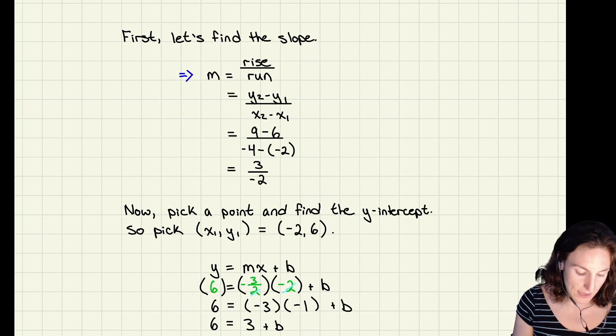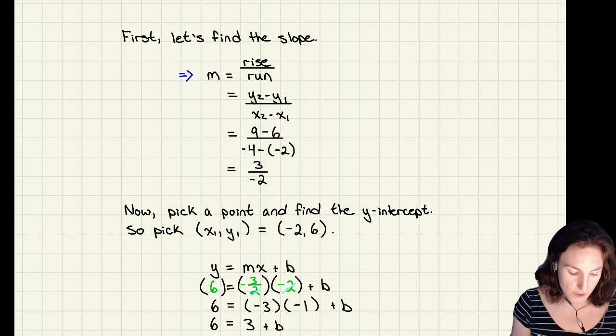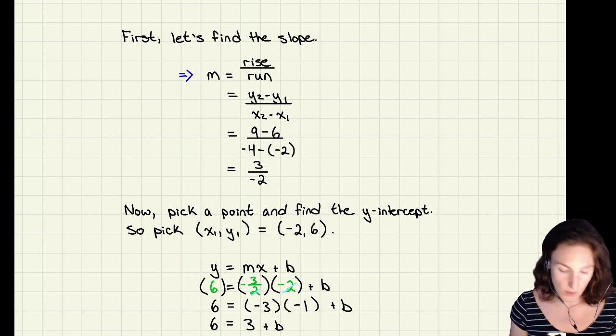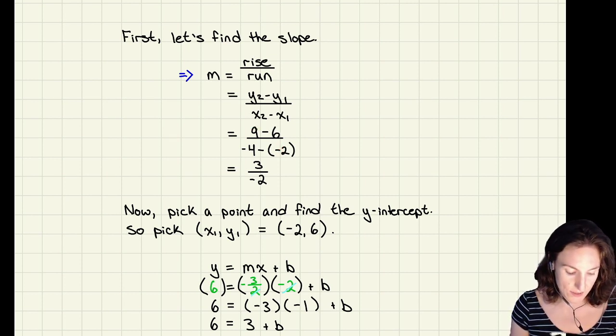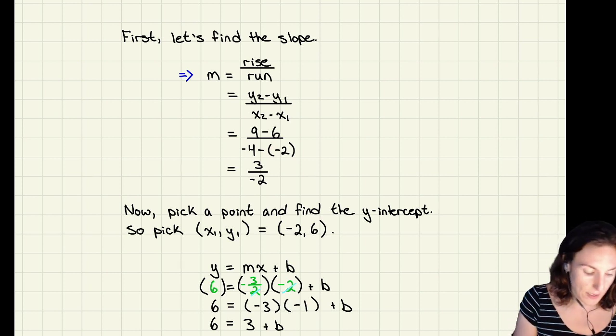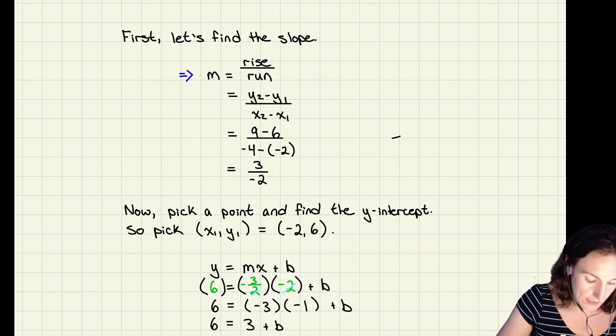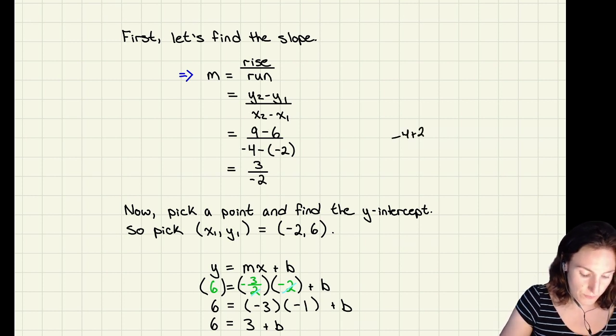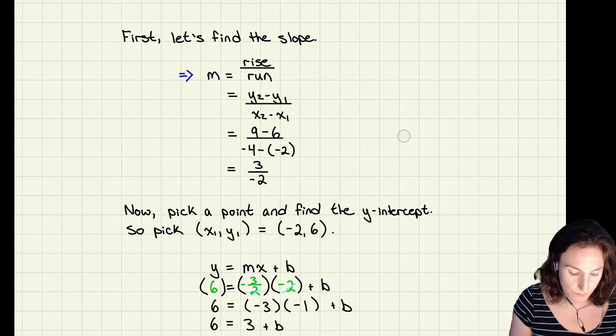And remember that we had our y2 as being 9, our x2 as being -4, and then we had our y1 being 6, and our x1 being -2. So 9 minus 6, this is 3. And then, careful about this now, -4 plus 2, which is -2.